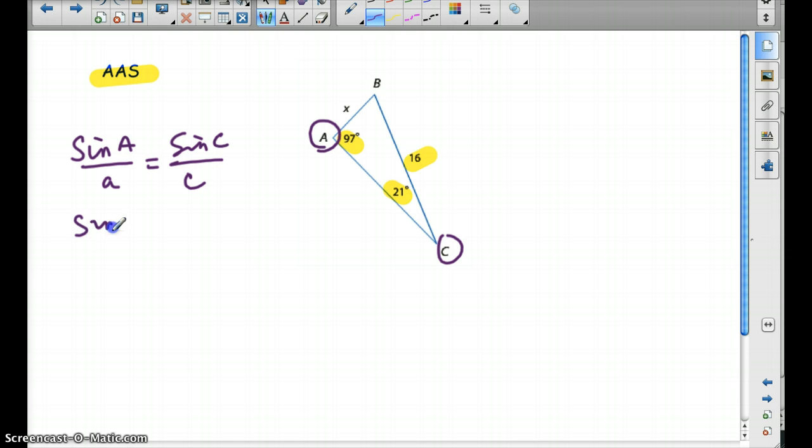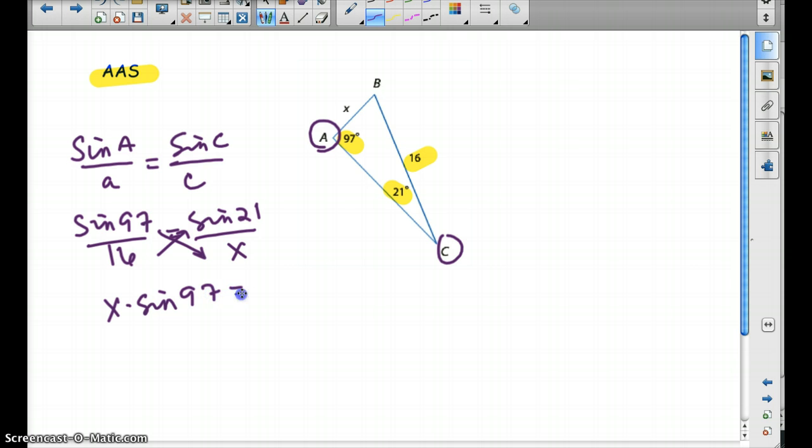So we have the sine of 97 over 16 equals the sine of 21 over x. So if you notice, we have a proportion here, and how do we solve proportions? That's right, we cross multiply. So we have x times the sine of 97 equals 16 times the sine of 21.